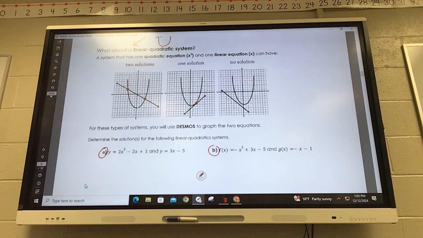Getting close. Okay, got it. So if you just click around it, a gray point will pop up.